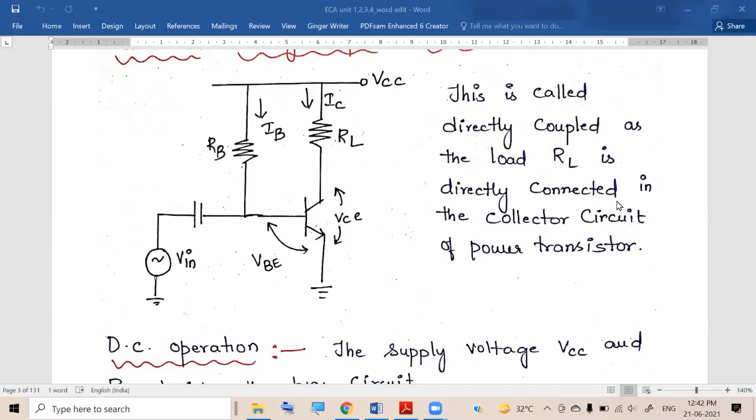Students, what is the useful output? Very good. The useful output power is the AC power. And the total input power, we have already approximated it to be the DC power.